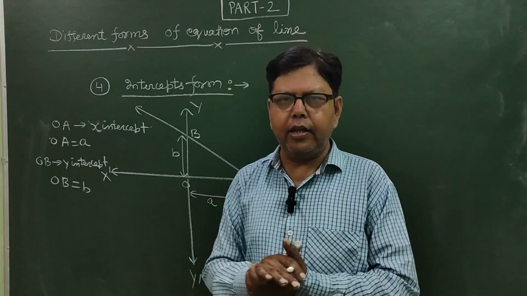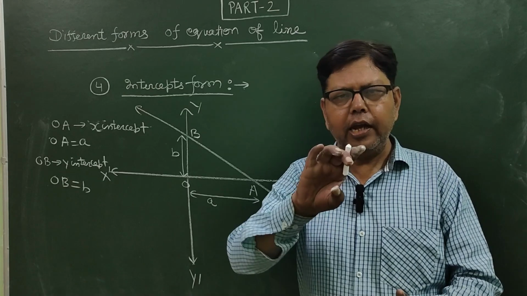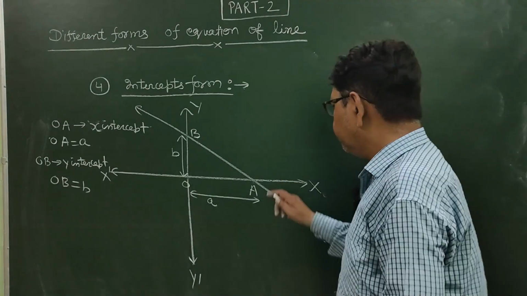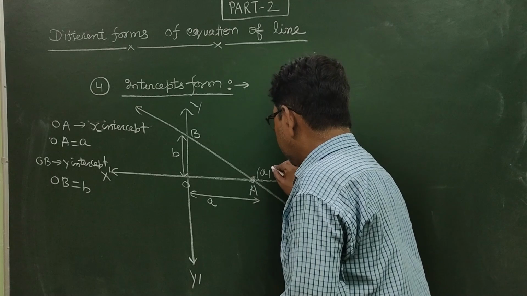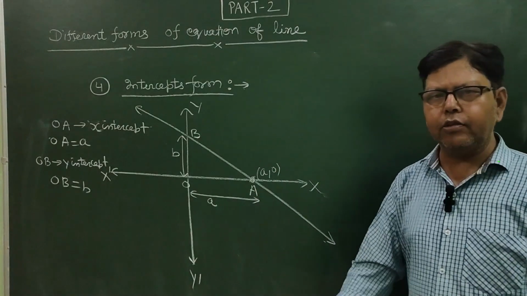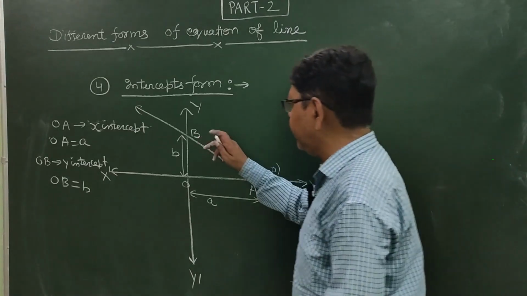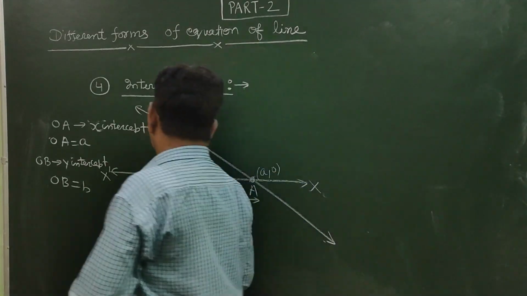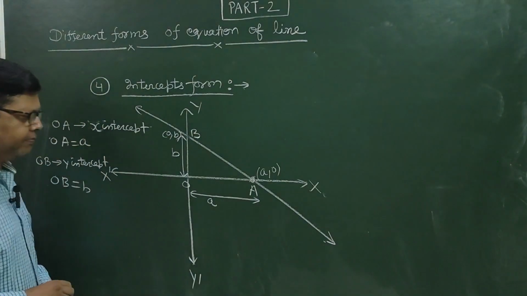So we will find the equation of the line in terms of a and b, that is, the x length and the y length. Point A will have the coordinates (a, 0) because it lies on the x-axis, so its y coordinate is 0, and point B lies on the y-axis, so its x coordinate is 0, so it has the coordinates (0, b).